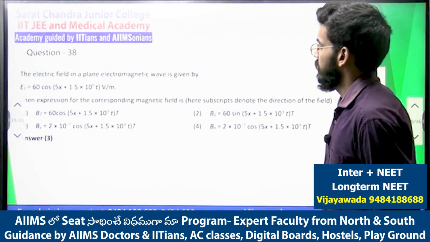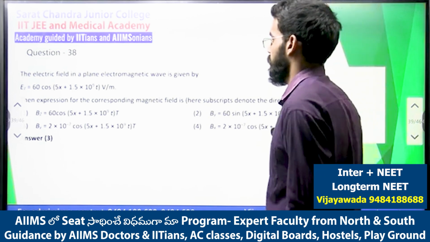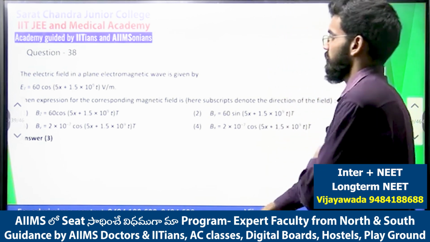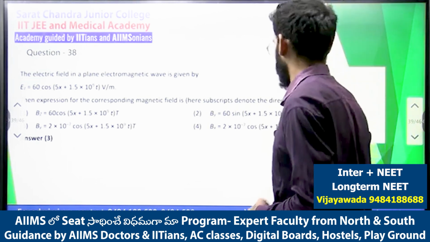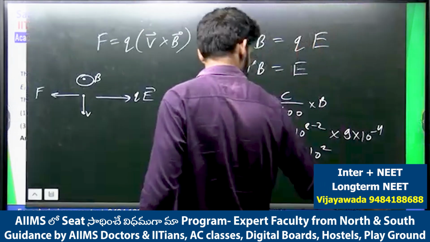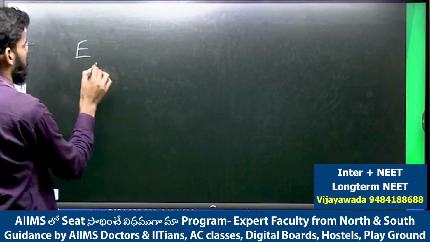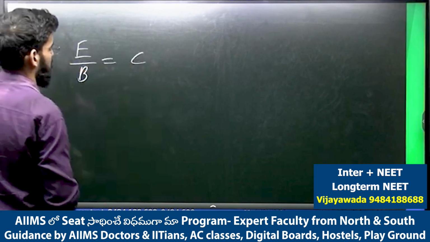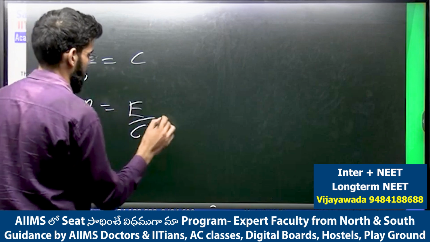Question 29. Electric field in the plane electromagnetic wave is given by. Okay, so if you see, we already know that E by B is giving me the C, right? E by B is C. So what I want is B, so E by C, right?